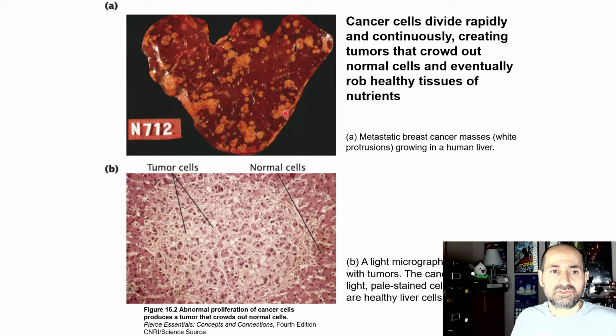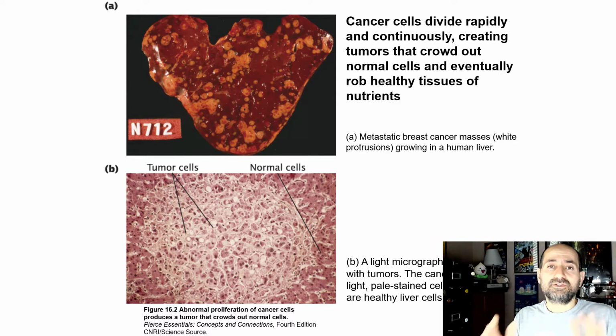This patient originally developed breast cancer, so breast tumors. At some point, some of those tumor cells left the breast tissue and traveled either through the bloodstream or the lymphatic system to other organs, right? And then once it reached other organs, it began to grow in those organs.